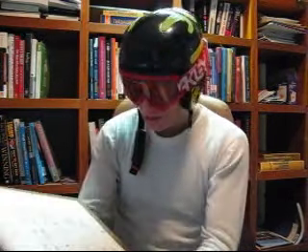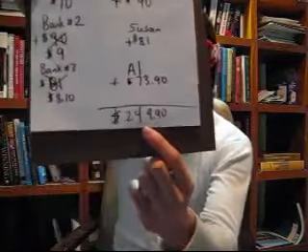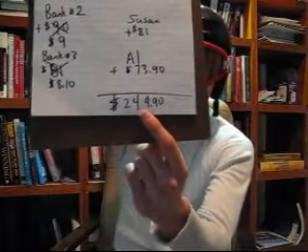So now the money supply is $244.90. So in 3 days, the money supply has increased 144.9% because of fractional reserve banking.